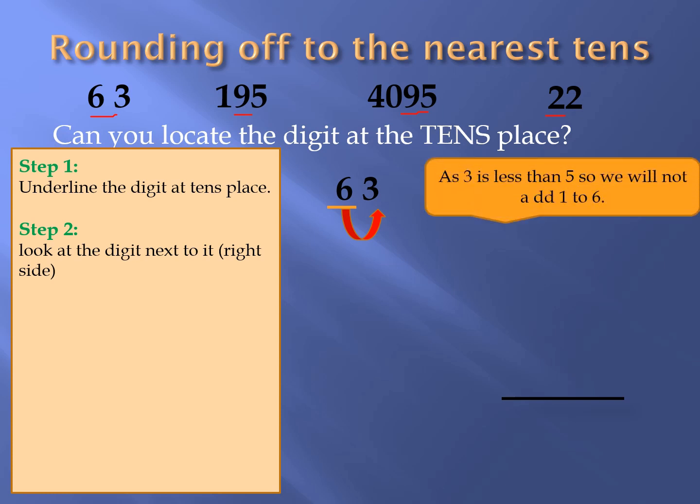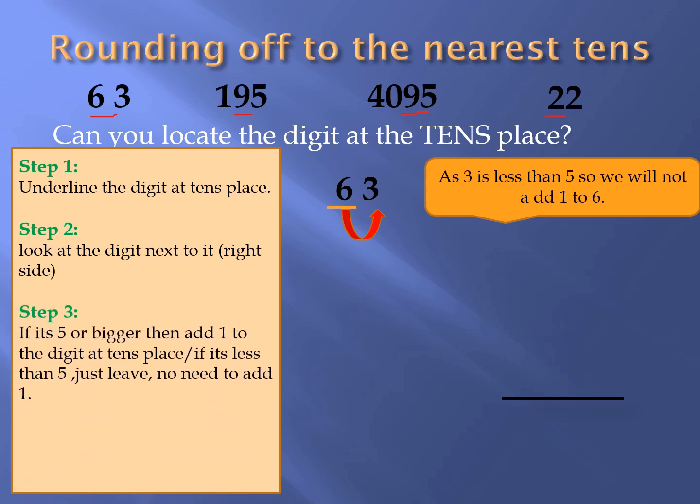Now the rule is if the digit to the right is less than 5, it means if it is 0, 1, 2, 3 or 4, you will not add any number to the underlined digit. But if it was greater than 5 or 5, then we must add 1 to the digit at units place.